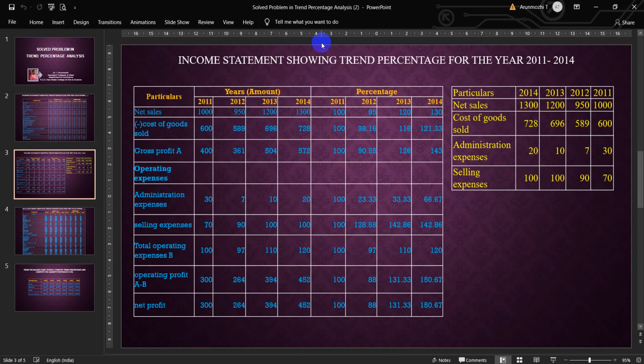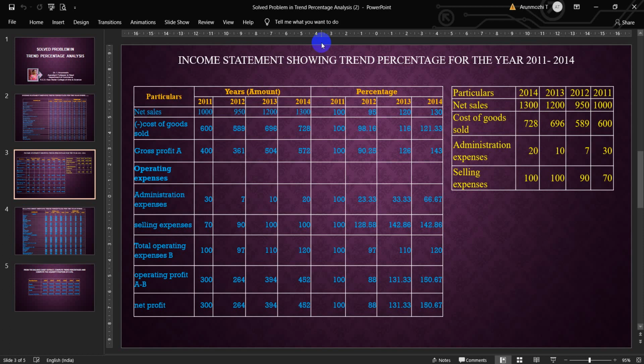Next, 1200 into 95 divided by 950, you get 120.